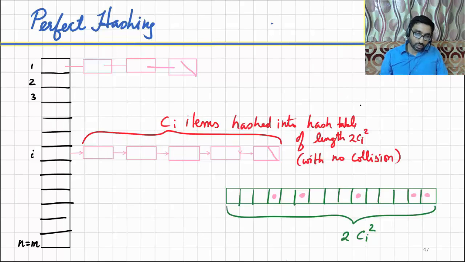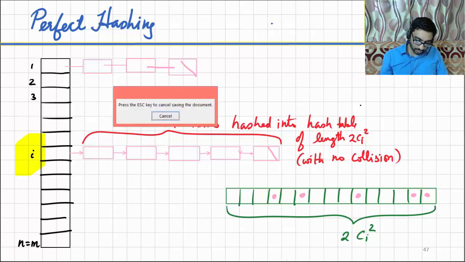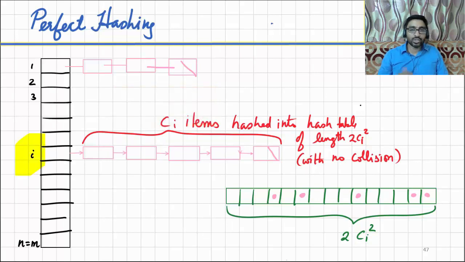So let's focus on one particular hash location i at which some ci items have been hashed into. So the chain there is ci items. What we do is we take the chain of items and hash it into another hash table of length 2 ci squared. And we ensure that the second hash table has no collisions whatsoever.